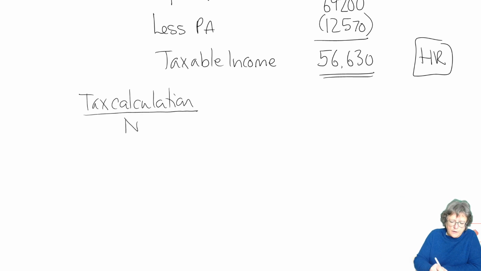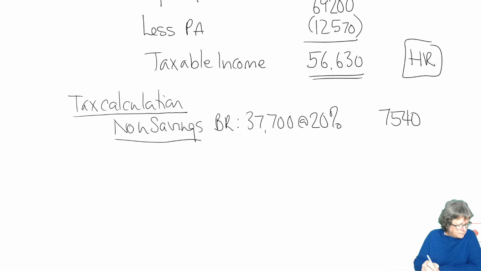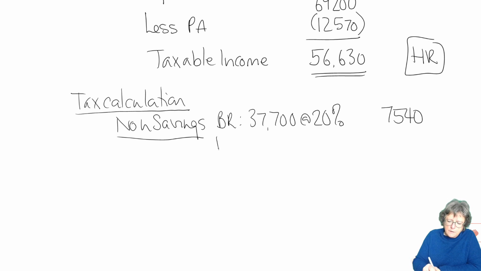Okay, let's have a look at how her tax calculation looks. So we do the non-savings. So that's what it is. Okay. Basic rate, 37,700 at 20%. And then the balance is at high rate of 18,930.